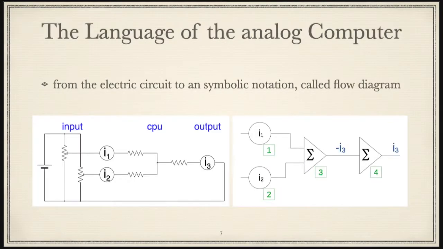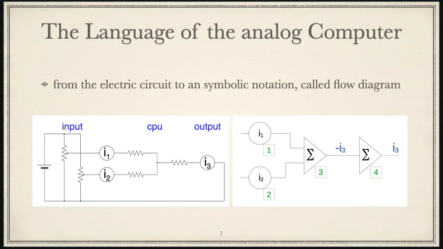Now we make an analog computer out of it. With the 2 potentiometers we enter the numbers to be added. In the example, we set the current intensity. The measuring device on the right-hand side shows the result. Usually, a symbol notation is used. For the highway, we have the flow diagram.